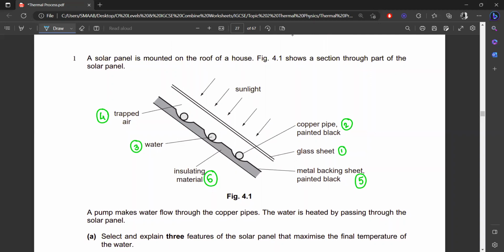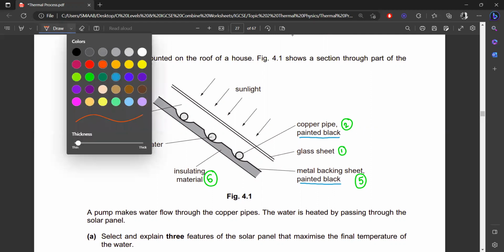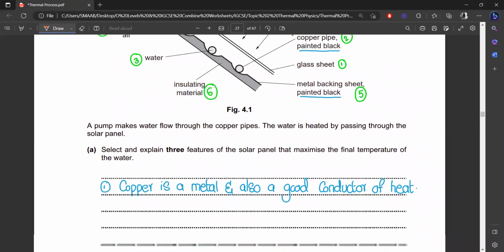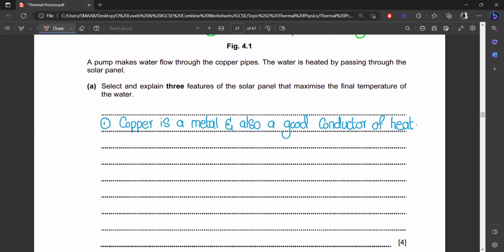the metal backing sheet is painted black, and also the copper pipe is painted black. The reason for painting it black is that we know black is a good absorber, right? So it is also a good absorber and bad reflector.